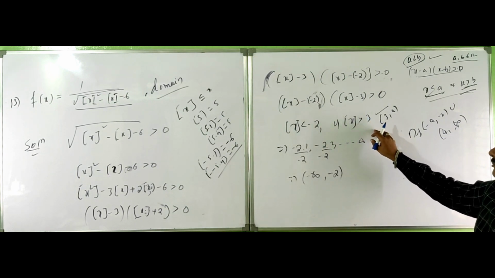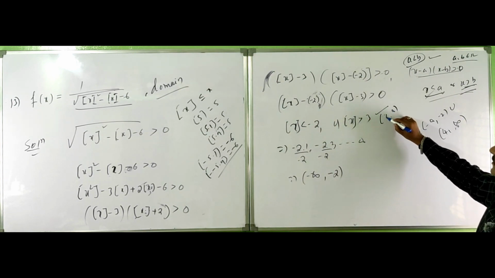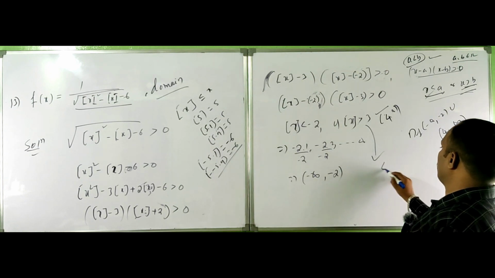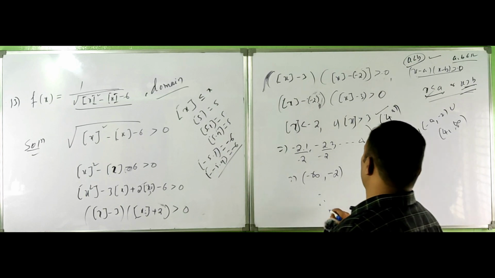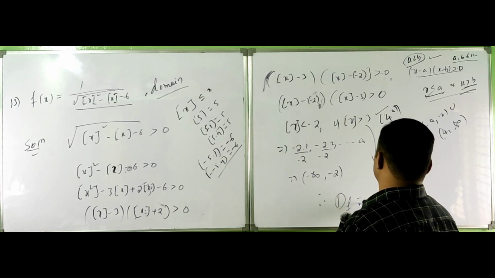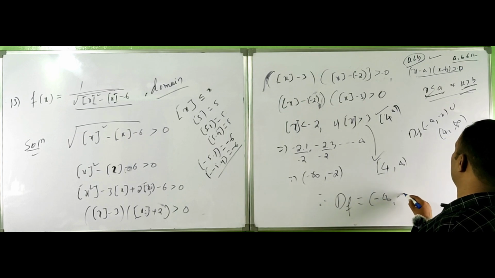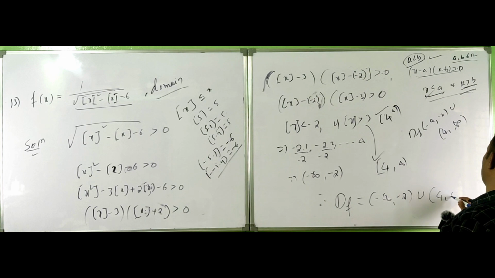But here the value is defined as more than 3, so we have to take the fourth value, 4 to infinity. Therefore, the domain of f is minus infinity to minus 2, union 4 to infinity.